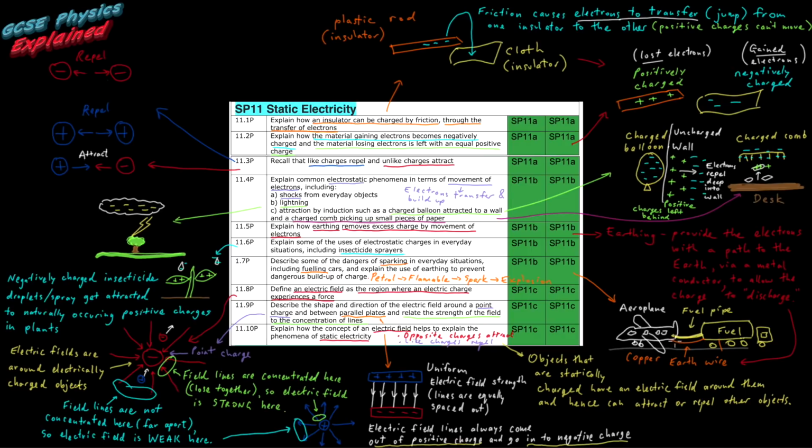So there'll be no spark because the charge over here will be the same as the charge over there. And then what you'd have to do is discharge the charge, usually by using an earth wire. Or even better, at the same time as you use the copper connecting wire, also connect the wire to the earth, and then charges won't even build up in the first place.